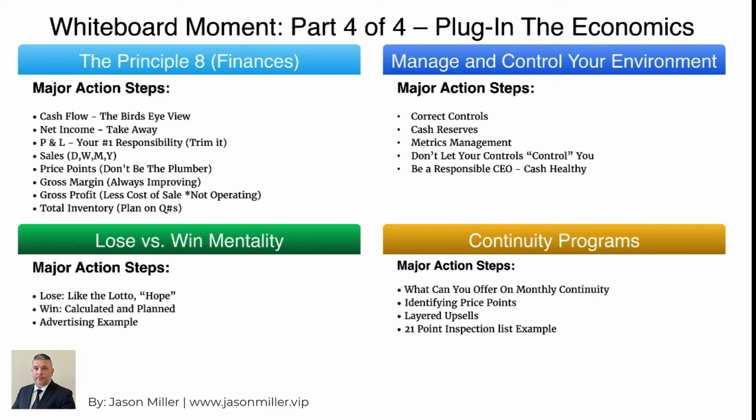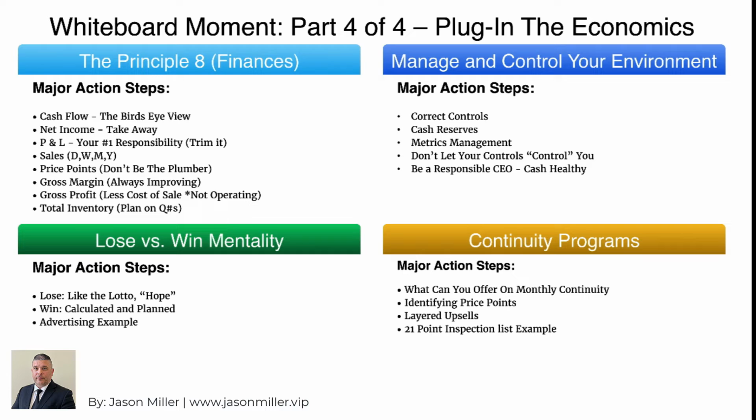Cash reserves, really important to have good cash reserves. We talked about that in one of the main training sessions about having those reserved coffers. And skipping to the bottom bullet, be a responsible CEO. Be cash healthy, to have those reserves set aside for those bad months.